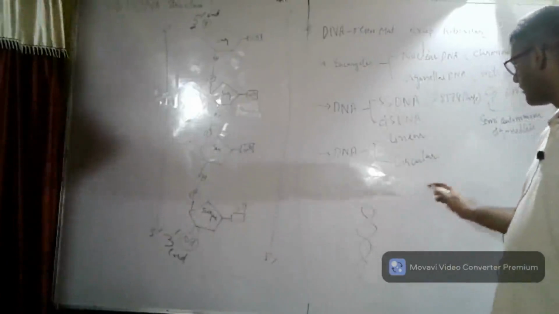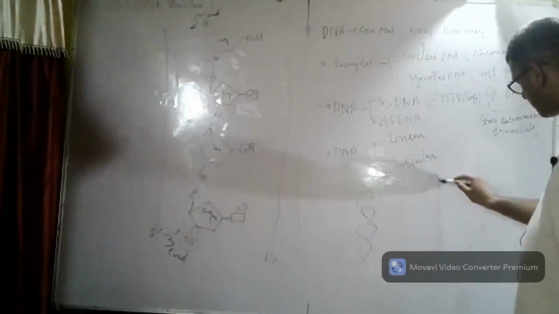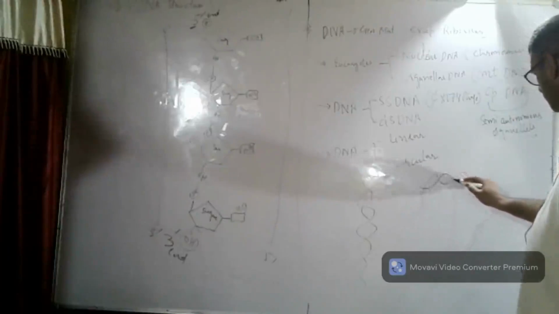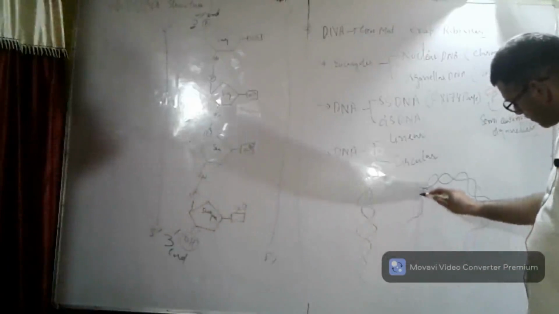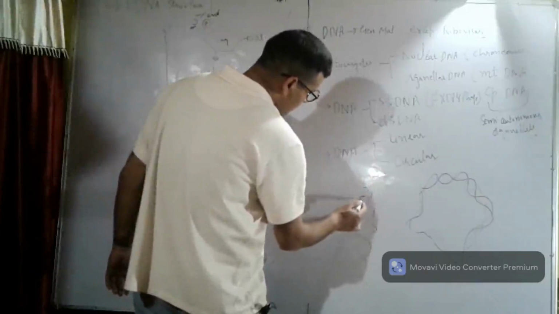And this is circular DNA. These are nitrogen bases.